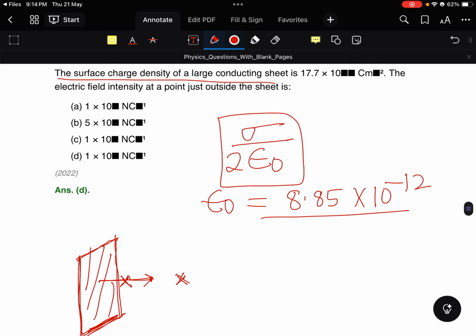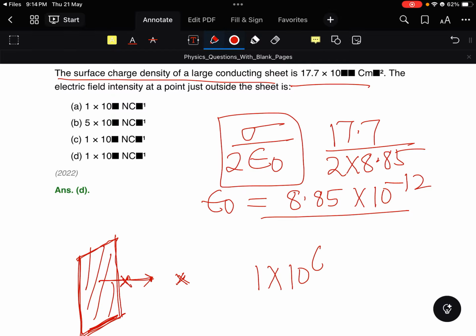So we will take sigma upon 2 epsilon naught. Sigma is given 17.7. 17.7 divided by 2 into 8.85. So it will come out 1 into 10 to the power 6. Calculation you can do. Here formula I have told.